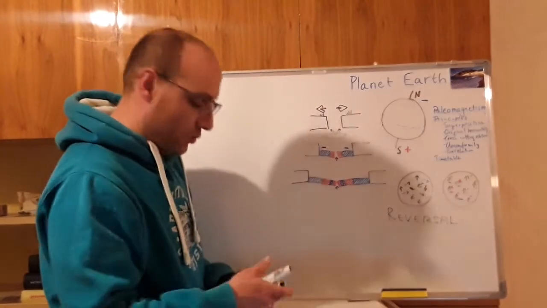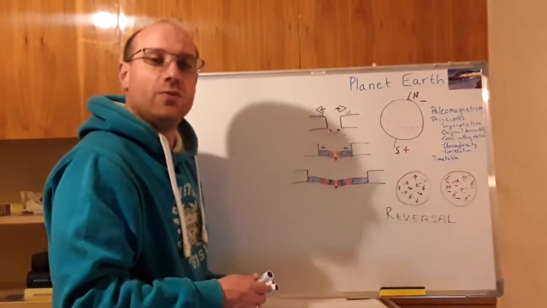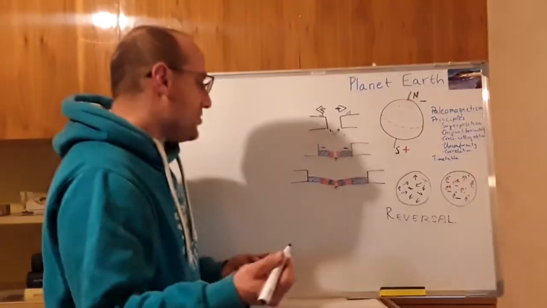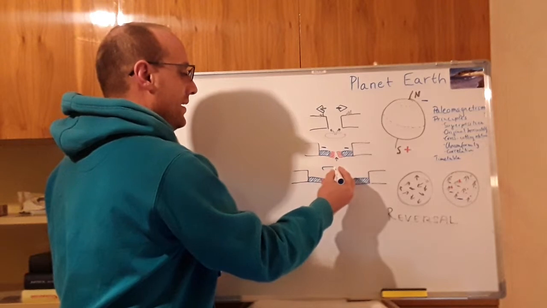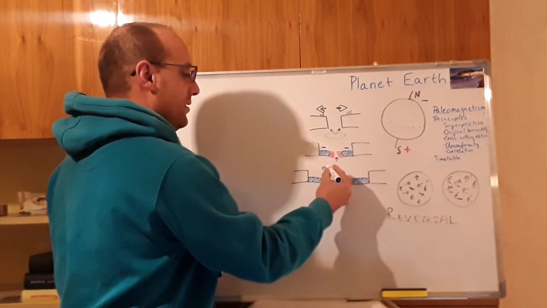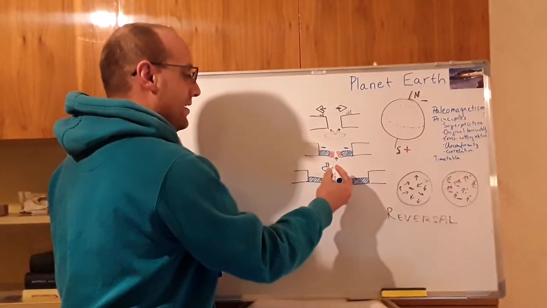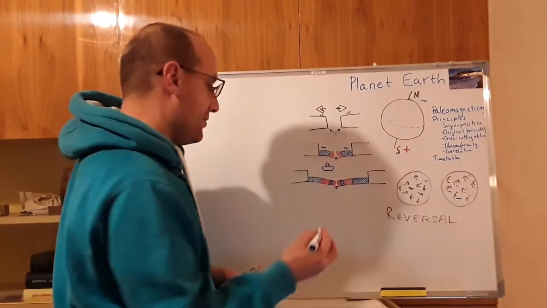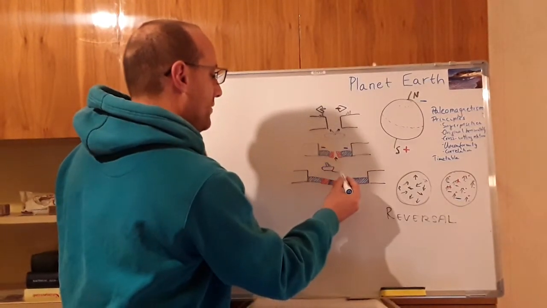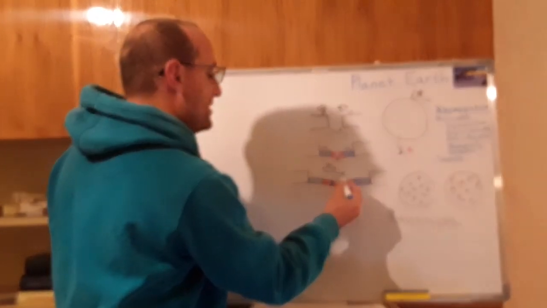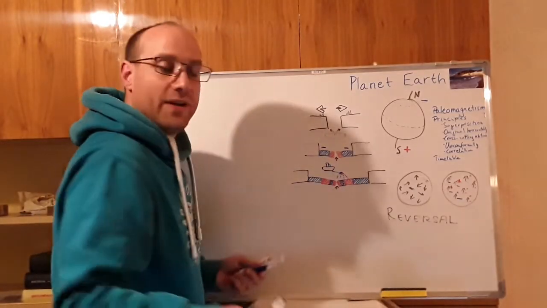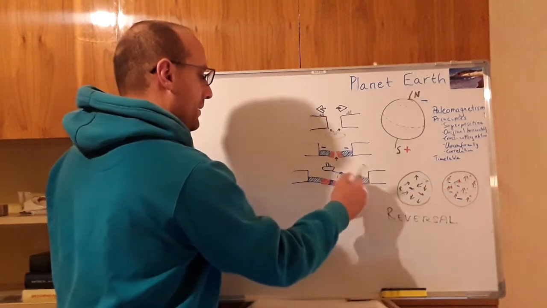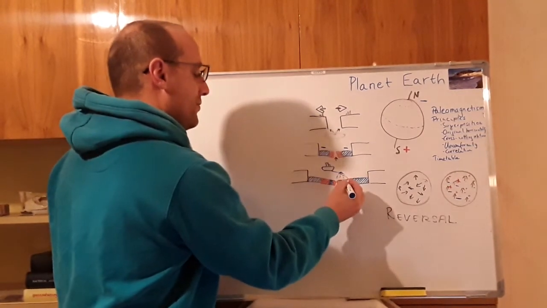So why is this important to us as geologists? In the past century they started using sensors. Boats or ships were carrying a sensor that was able to sense this magnetic orientation of these rocks.